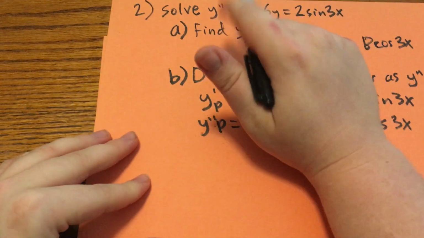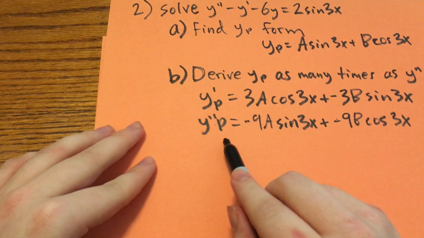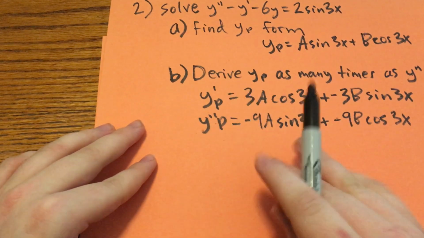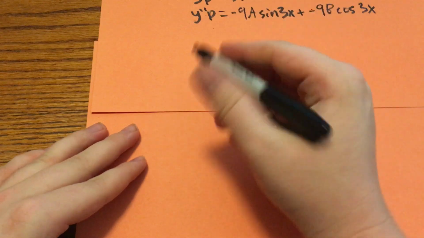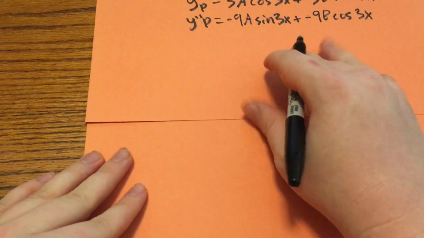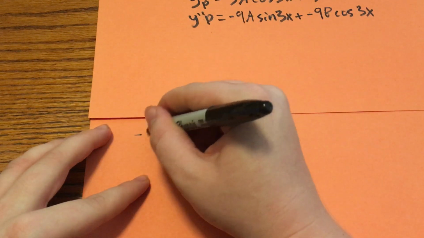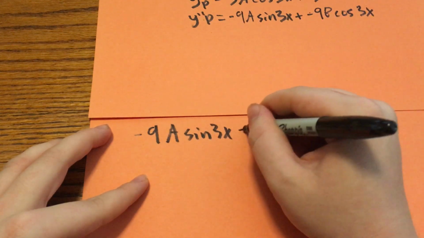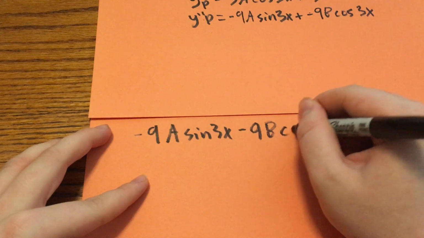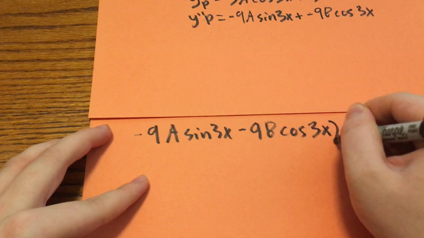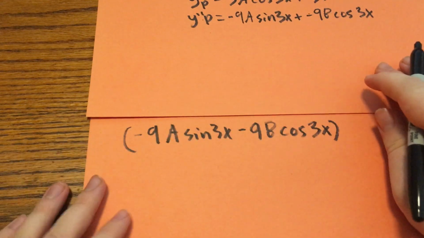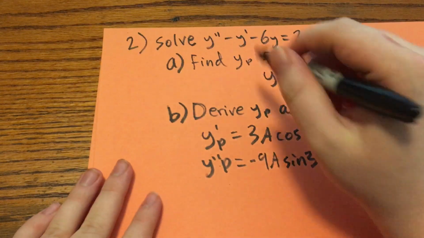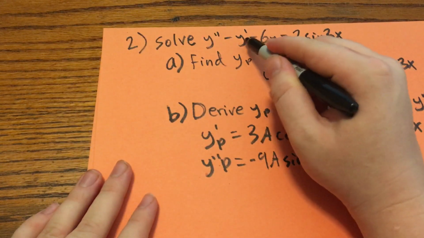First, we just have y double prime, and so we substitute y sub p double prime for it. So we have negative 9a sine of 3x minus 9b cosine of 3x. Okay. Then we have minus y prime.